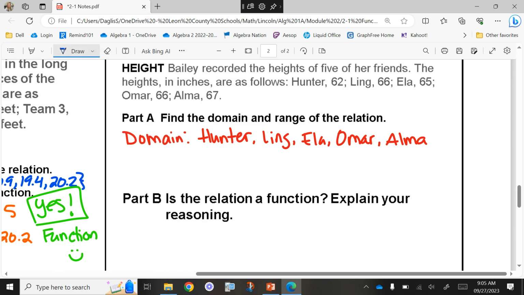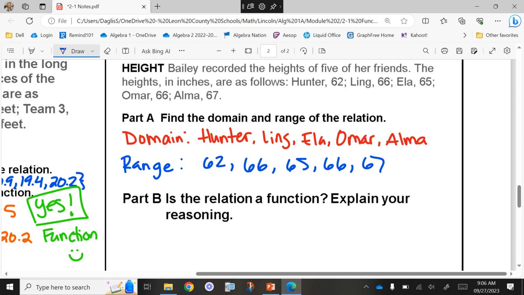Now it wants me to find the range of the relation. So the range is going to be their heights. So what was Hunter's height? 62. What's Ling's height? Ella. Omar. Alma. Okay.